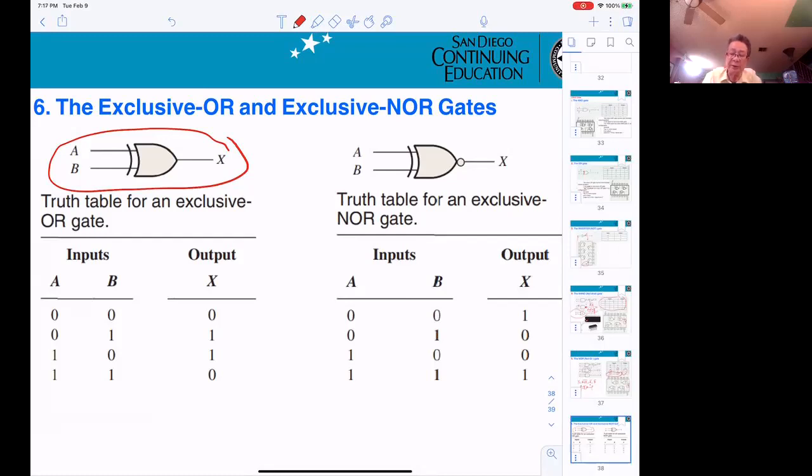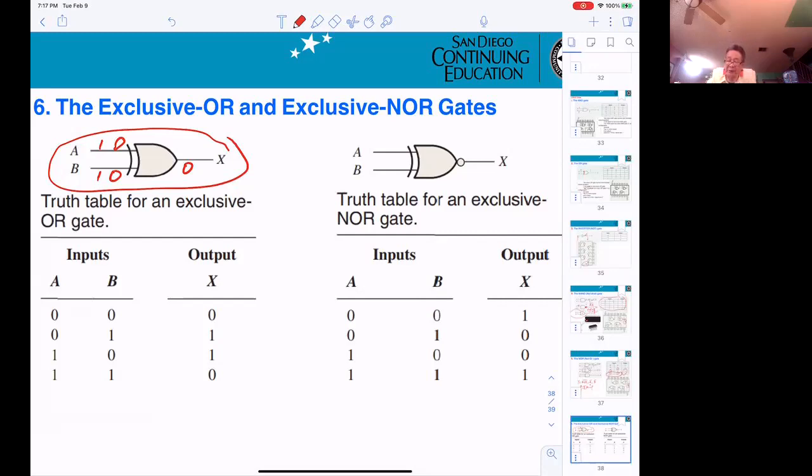That's only telling you that if you get the same input, 1 and 1, the output is 0, and 0 and 0 gives 0. If you get a different input, you get 1. That's for the exclusive OR. Different inputs as logic give an output of 1. If you get the same logic as the input, you get 0. And the exclusive NOR is just inverting what the exclusive OR does. That's it.